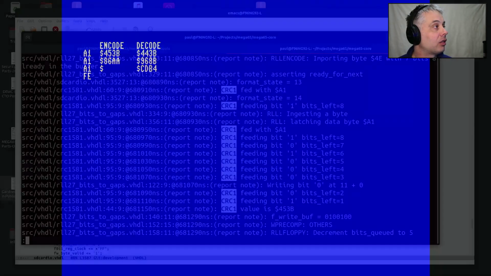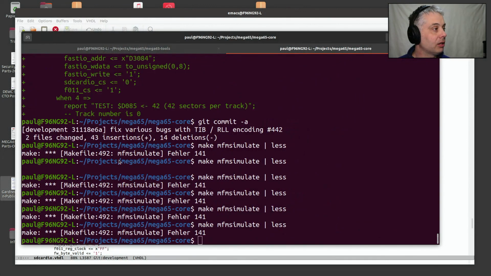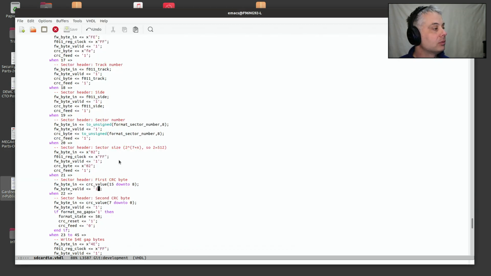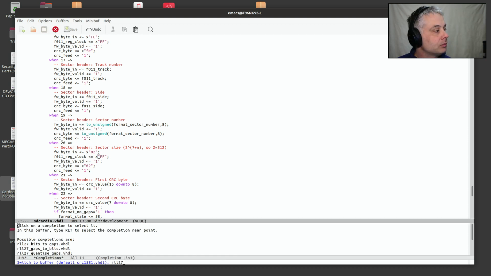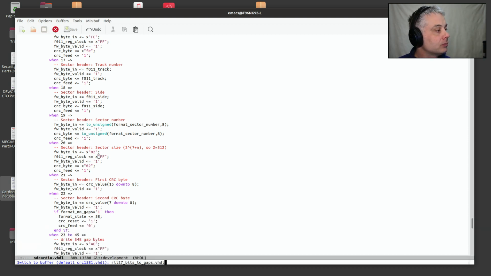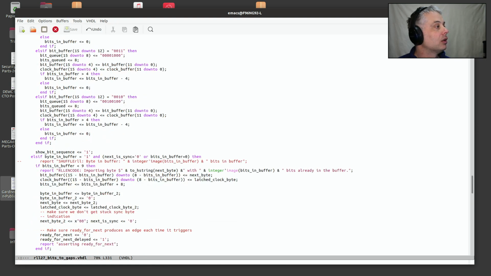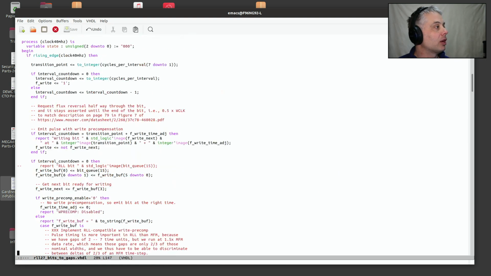So let's stop having superimposed screen. And it will be because of the way that we're buffering in here, because in comparison to the MFM one, we can buffer more.